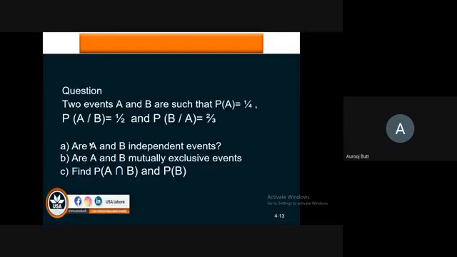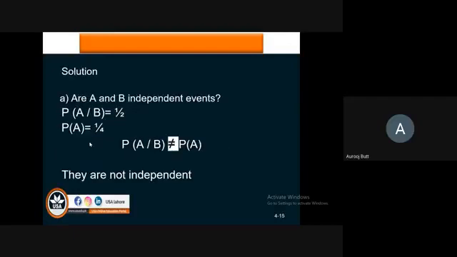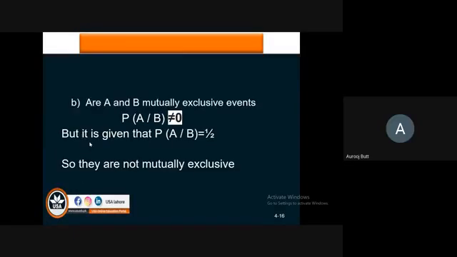Coming towards the B part, are A and B mutually exclusive events? Now you need to determine whether they are mutually exclusive or not. When you need to determine whether the events are mutually exclusive or not, we have the case that probability A intersection B is equal to 0.